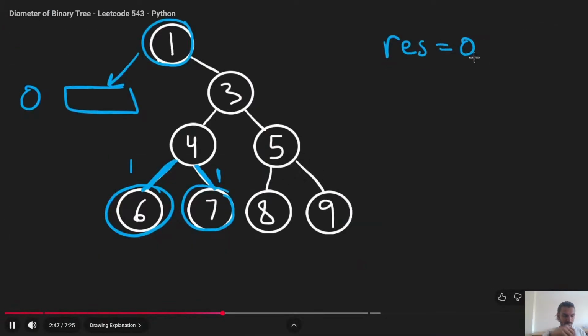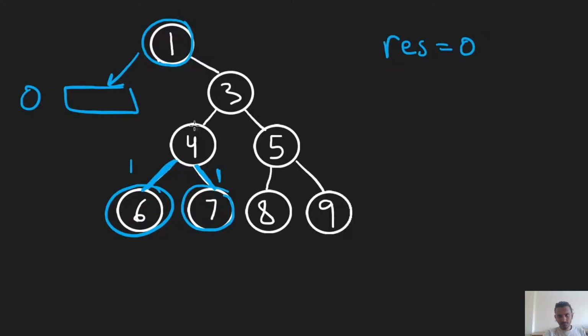And initially we'll set it to 0. This is what we're trying to maximize, of course. And from this node, we calculate a diameter of 1 plus 1, which of course is going to be 2 now. That's the biggest result that we have.